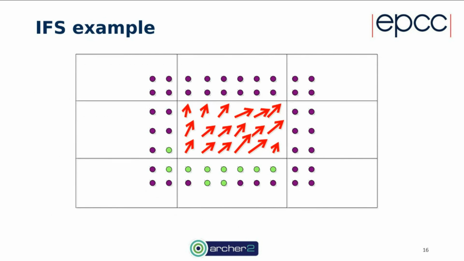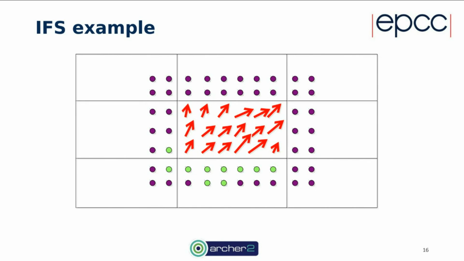Yeah, so schematically, it looks something like this. Imagine here a part of the grid. This is a two-dimensional grid that covers the surface of the Earth, and each one of the boxes is the local domain for a different MPI process, say, and the current wind flow in the middle process is shown by the red arrows.